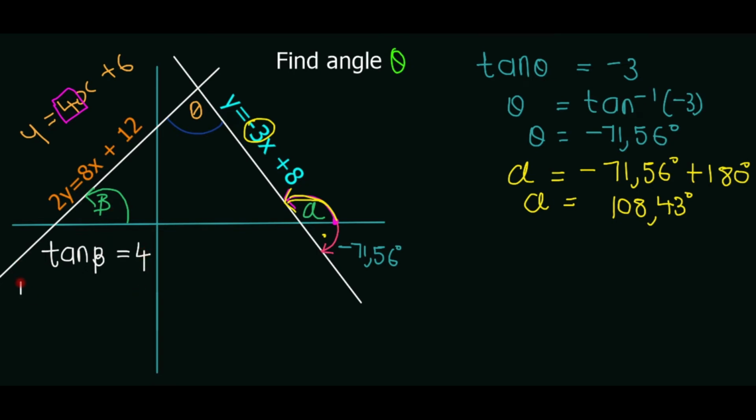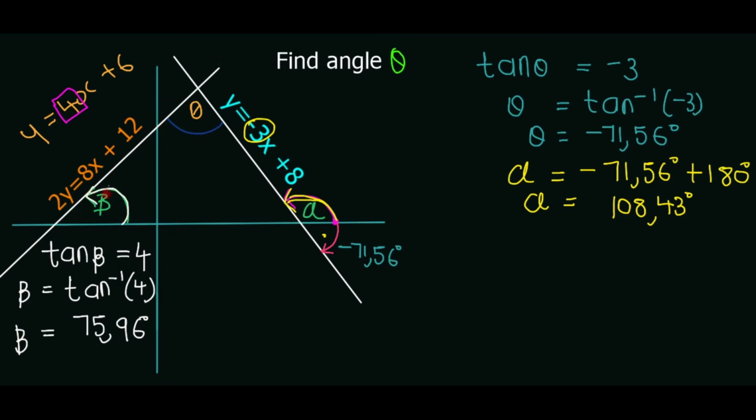So beta is equal to shift tan 4, and you press the calculator, shift tan 4, and it will give 75.96 degrees. So this angle is the angle of inclination.